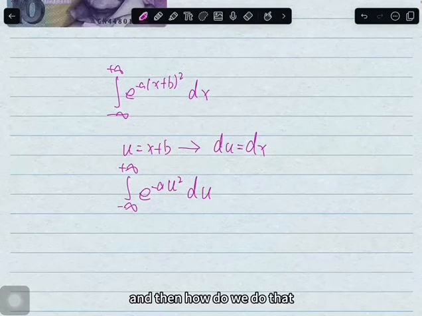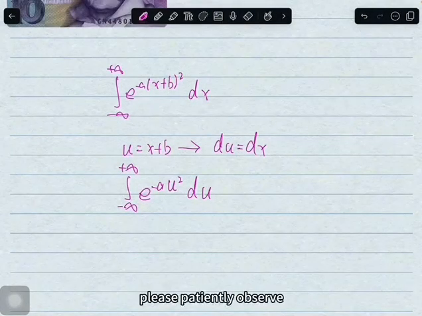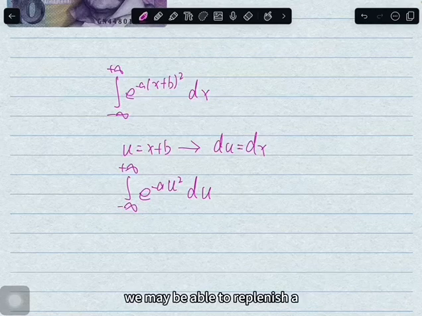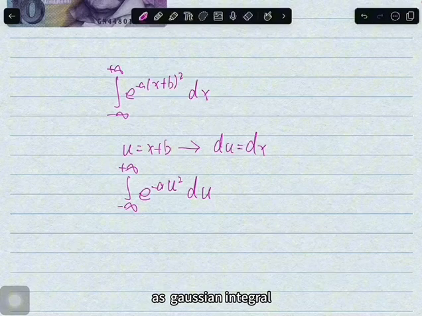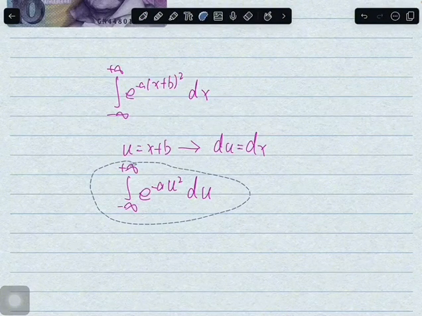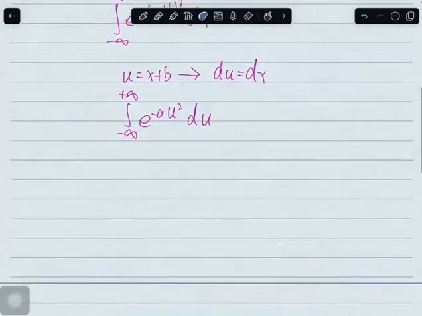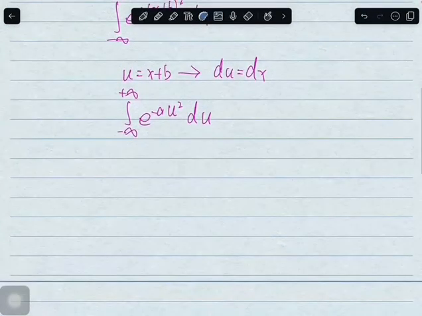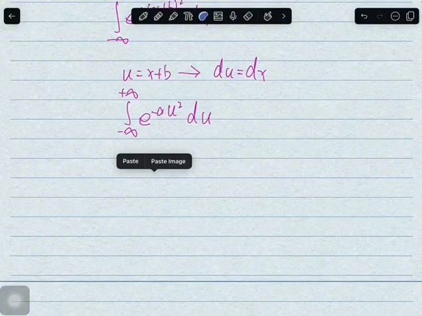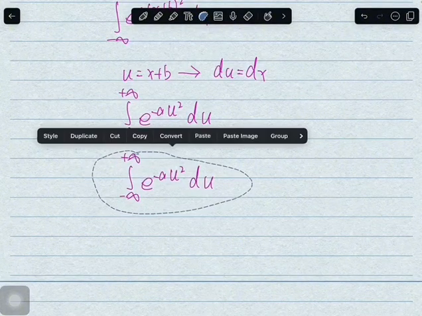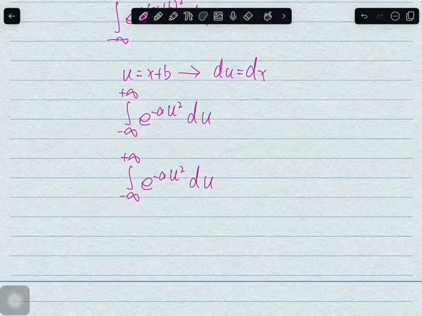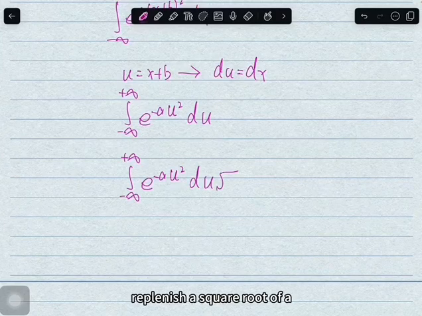And then how do we do that? Please patiently observe. We may be able to add a square root of a to construct the same form as the Gaussian integral. Okay, add the square root of a.